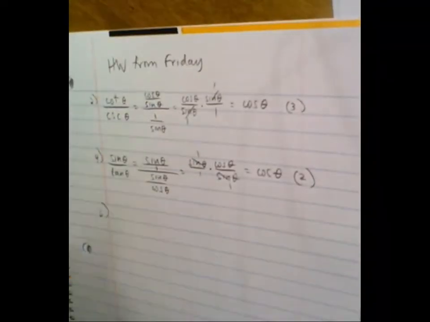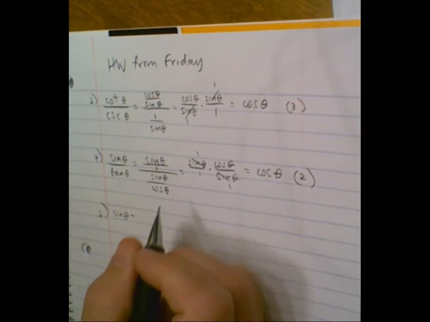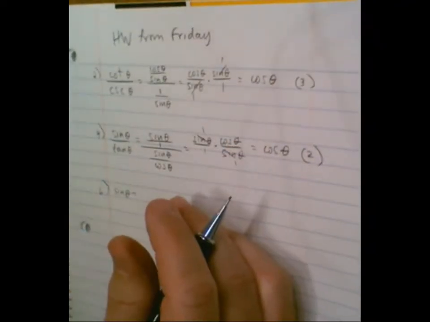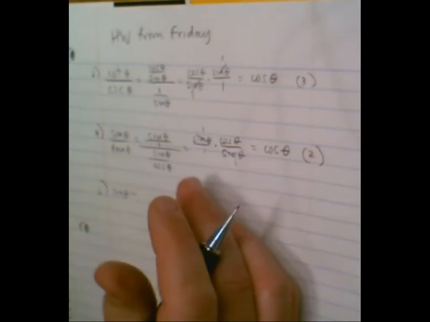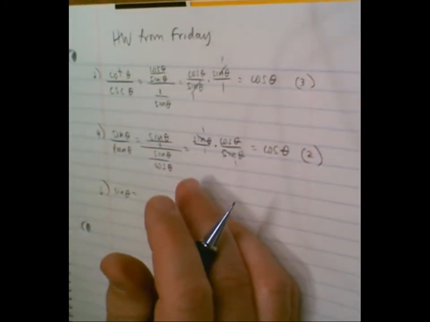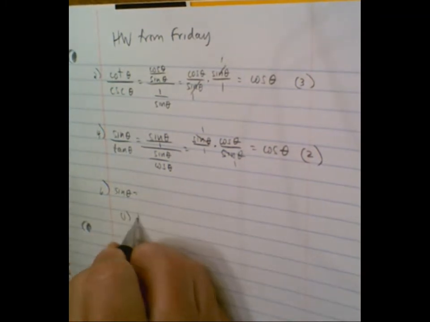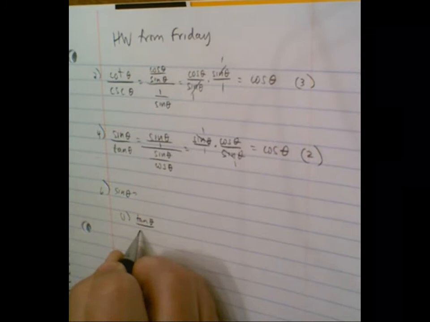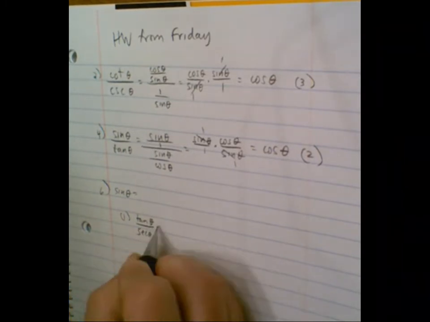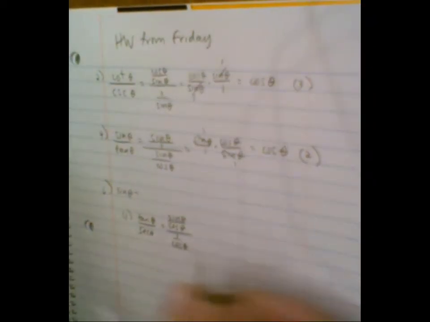Number 6, sine theta is equivalent to one of the following, and we have to figure out which one it is. We're given different choices. Choice 1 says tangent theta over secant theta, and that's equal to sine theta over cosine theta over 1 over cosine theta.